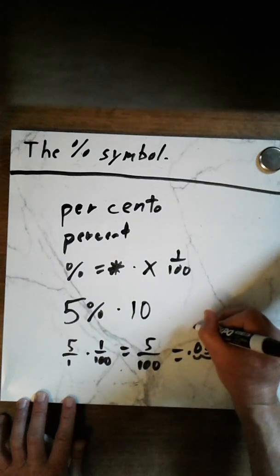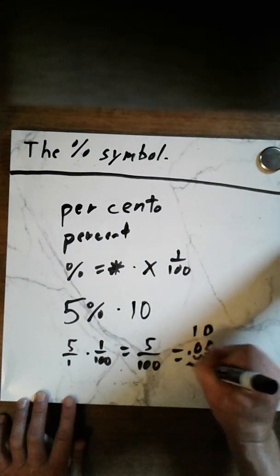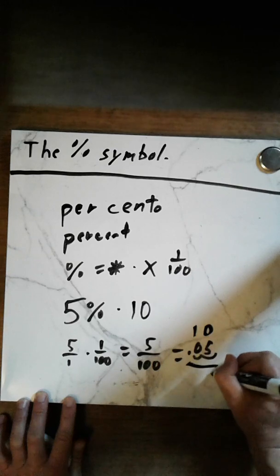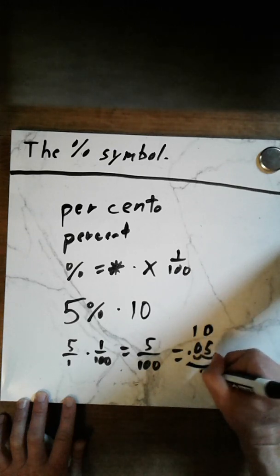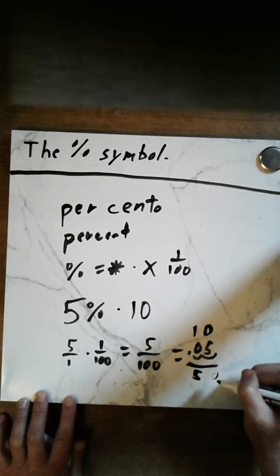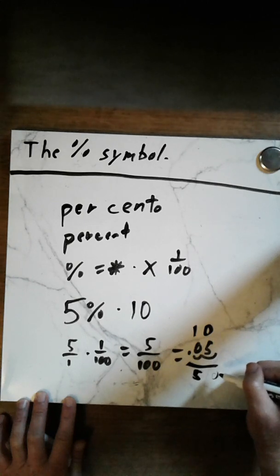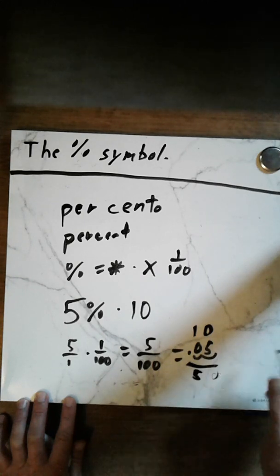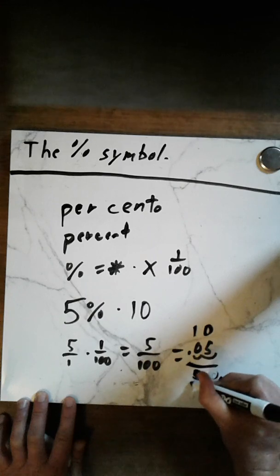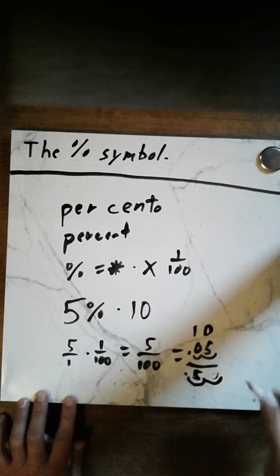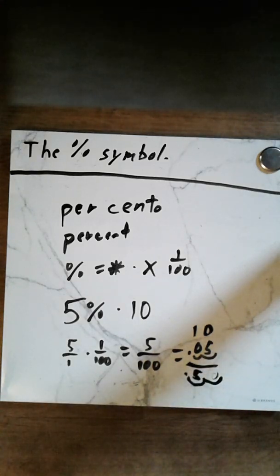Well, 0.05 times 10, move the decimal to where it goes, is $0.50, or 50 cents, is what you're going to have to pay.